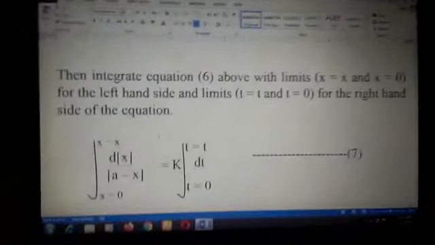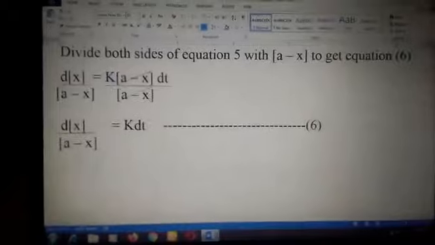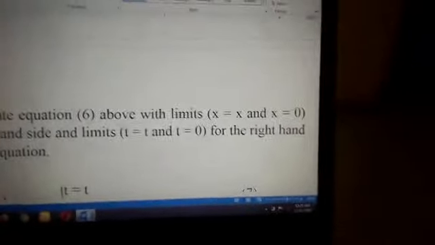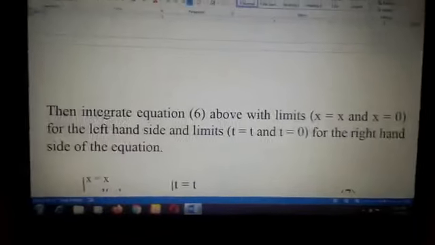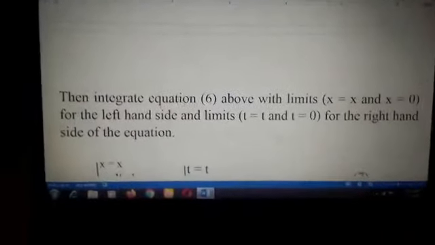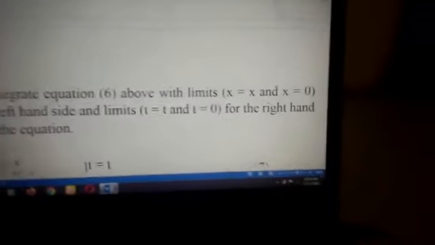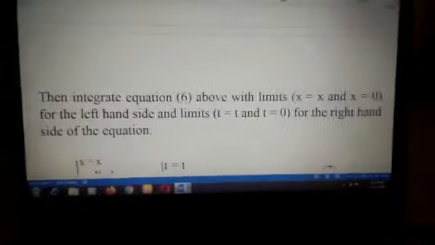So having done that, we now proceed to integrate equation 6 above with the limits s equal to s and s equal to 0 for the left hand side, and limits t equal to t and t equal to 0 for the right hand side of the equation.